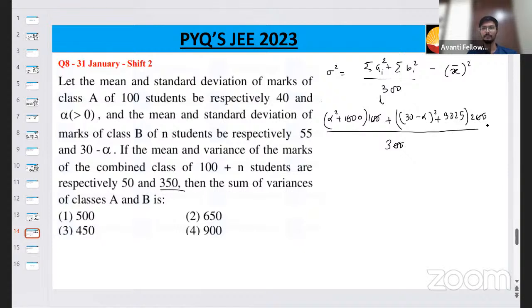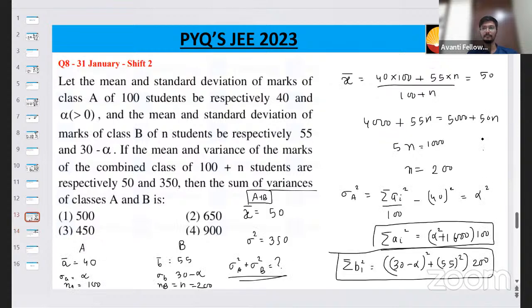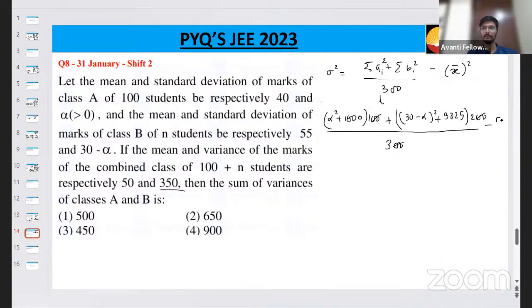So this minus x bar, 50 square, is given as 350. So 350 plus 2500 into 3 is equals to alpha square plus 1600 plus 30 minus alpha the whole square plus 3025.